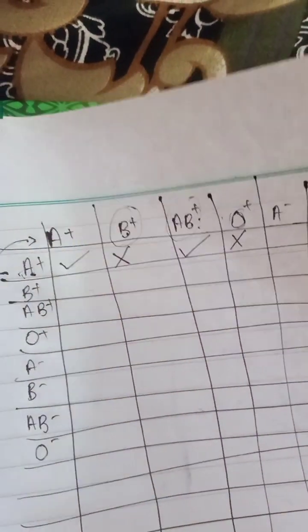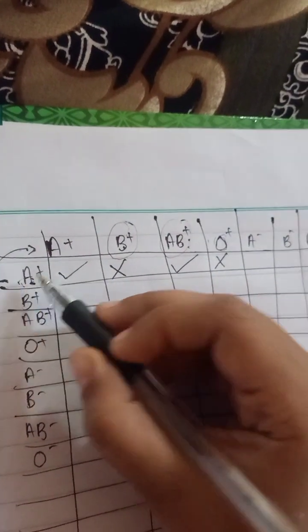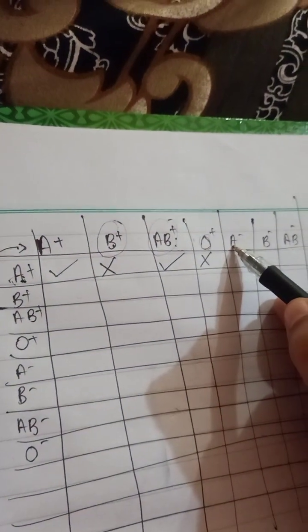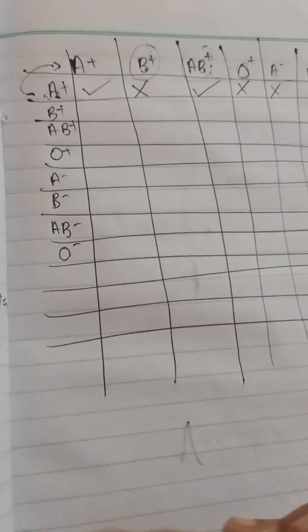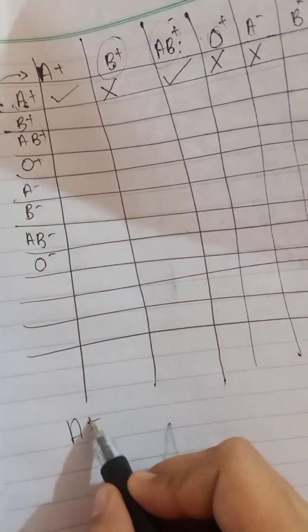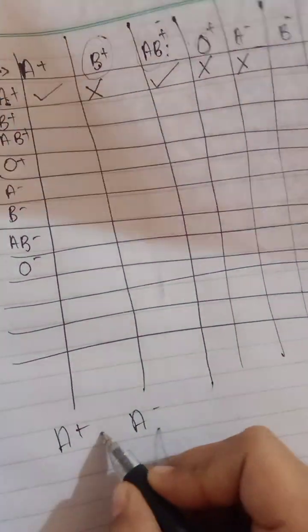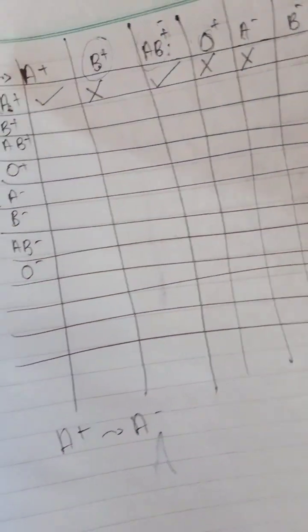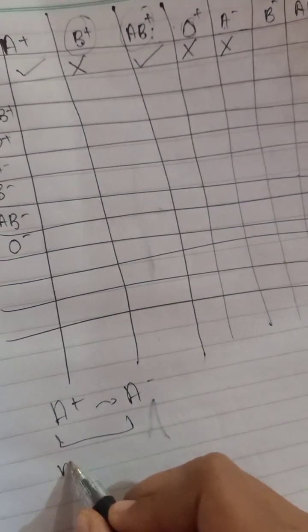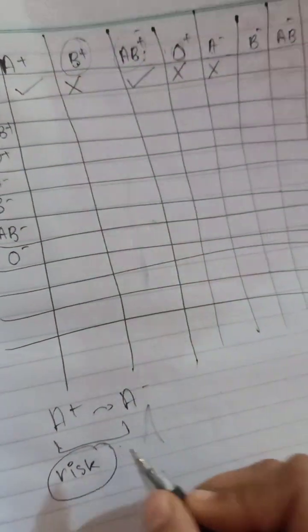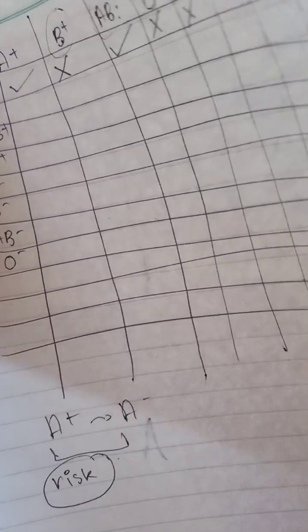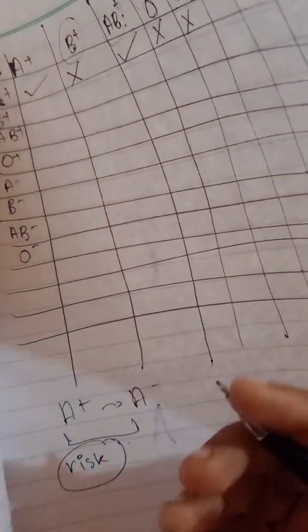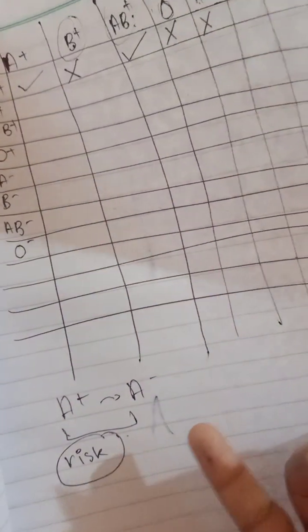Can A positive give blood to A negative? No. Let me tell you one thing: A positive can give blood to A negative, but just for one time. That is a risk, because after that the anti Rh can be developed in the A negative, and of course that can cause death too.